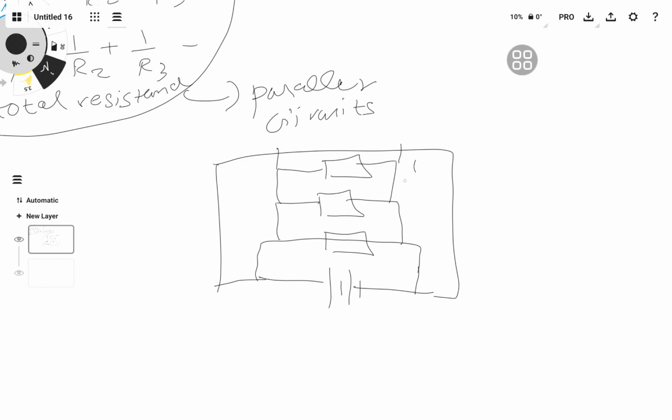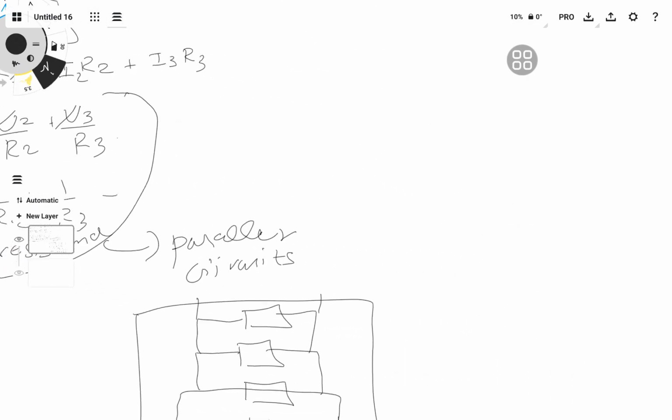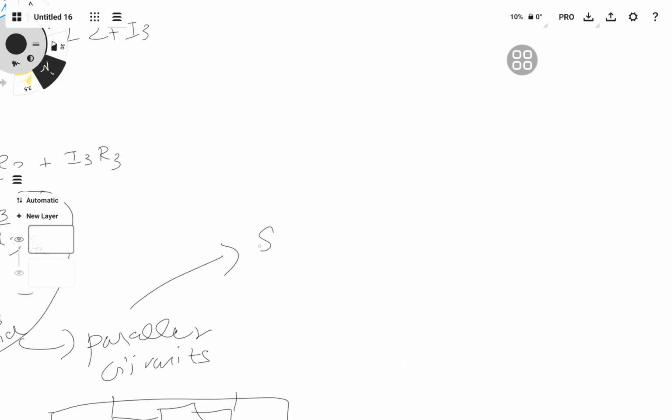So basically these are divided, but if we invert them we will get a total resistance. Then we have series, which is basically non-parallel, one after another, like this.